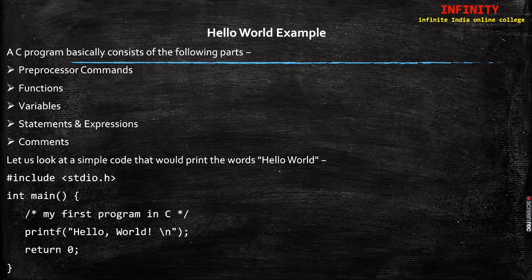A function declaration tells the compiler about a function's name, return type, and parameters. The main function is also there, and the name and parameters all come in a function. So main is there.